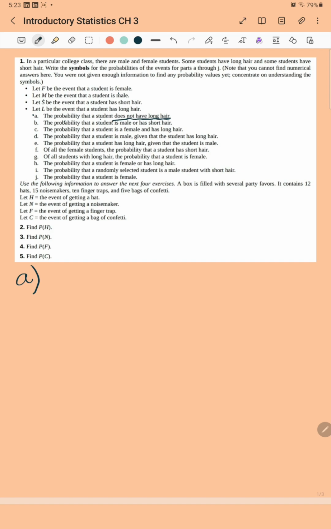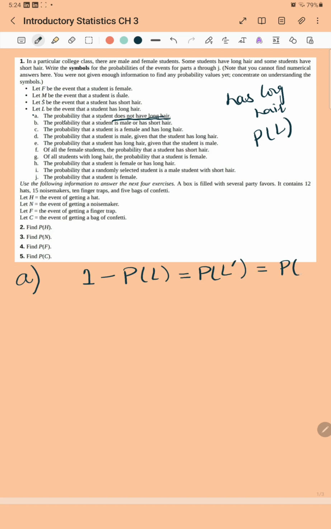The student does not have long hairs. If the student has long hairs, the probability will be represented as probability of L. But here the student does not have long hairs, so the probability would be 1 minus probability of L. And 1 minus probability of L is also called probability of L complement, which is equal to probability of S. So in these questions from A to J, we are just going to write these symbols.